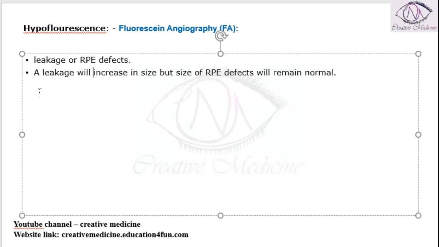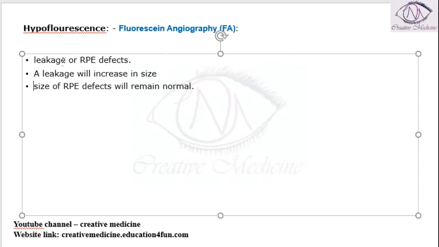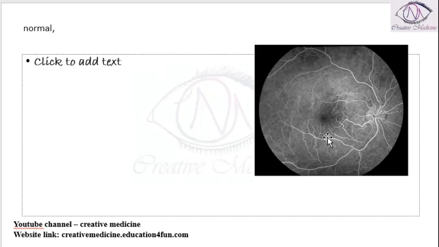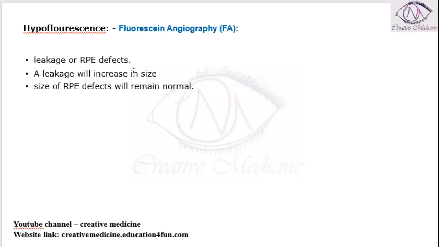But the difference between leakage and the retinal pigment epithelial defect can also be found out by this investigation itself. If there is leakage, we see increase in size of the fluorescein vessels. You can see these vessels will be increased in size if there is leakage.